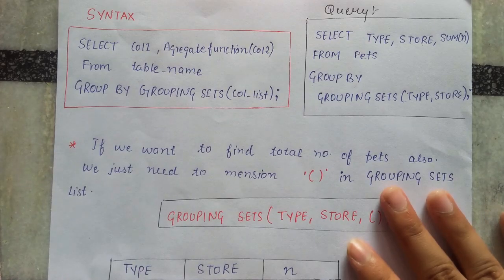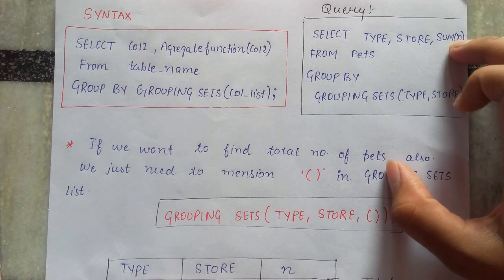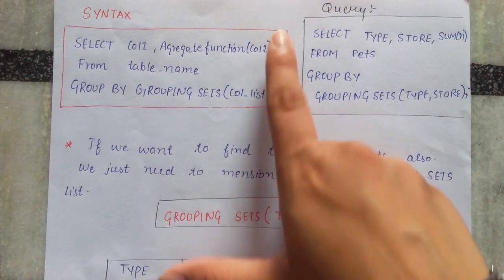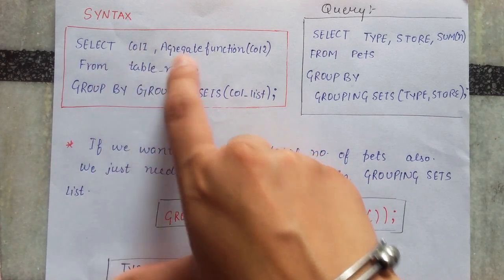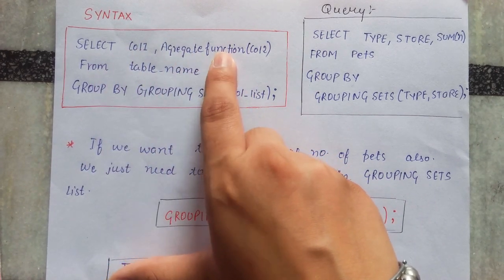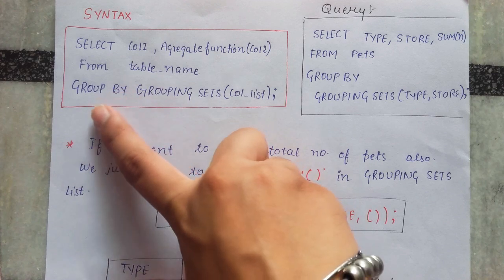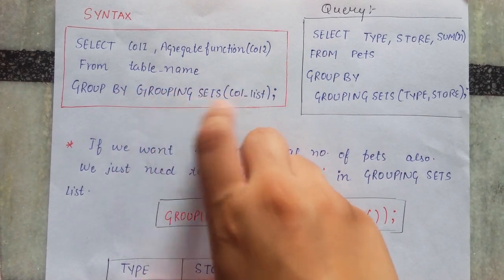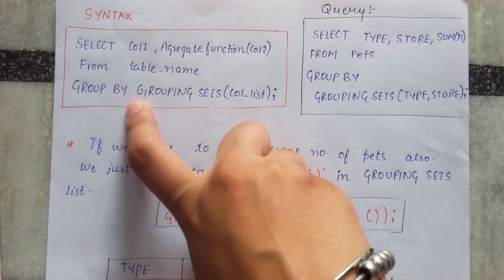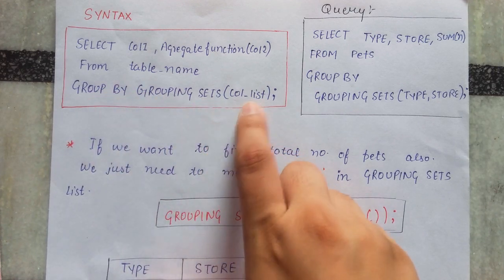Now this is the syntax for using a grouping set. It's the same as a GROUP BY clause. The entire syntax is the same: SELECT column one, an aggregate function, whichever we want to use, FROM the table name, GROUP BY. The only difference is that we use GROUPING SETS along with the GROUP BY clause: GROUP BY GROUPING SETS and the column list.